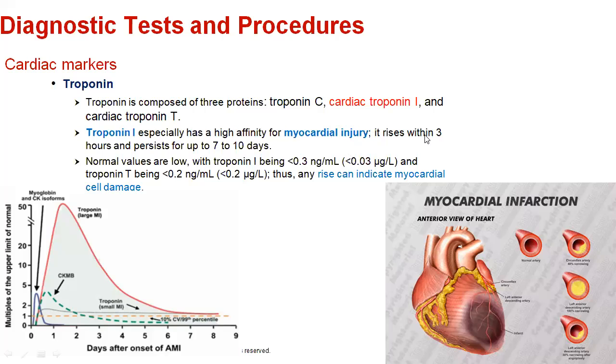It rises within 3 hours and persists for up to 7 to 10 days. So they increase in the blood within 3 hours, and they will be elevated for 7 to 10 days.